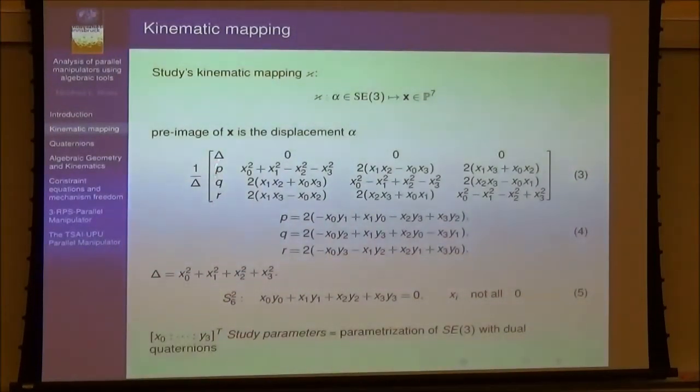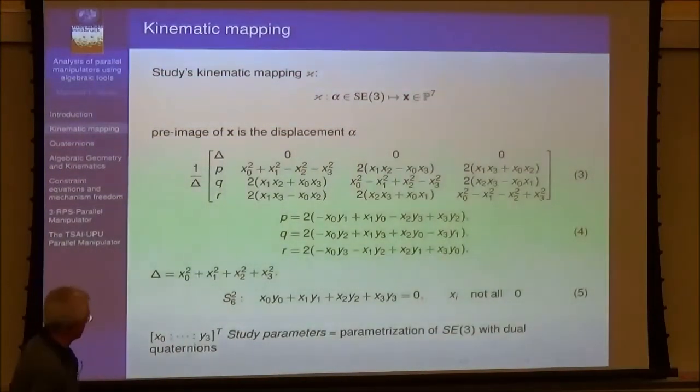And there is a translation vector, and this translation vector has this strange form. And you might ask, why has it this strange form? This strange form comes exactly from the dual quaternion multiplication rules, and this is this parametrization. Only one thing has to be taken into account.